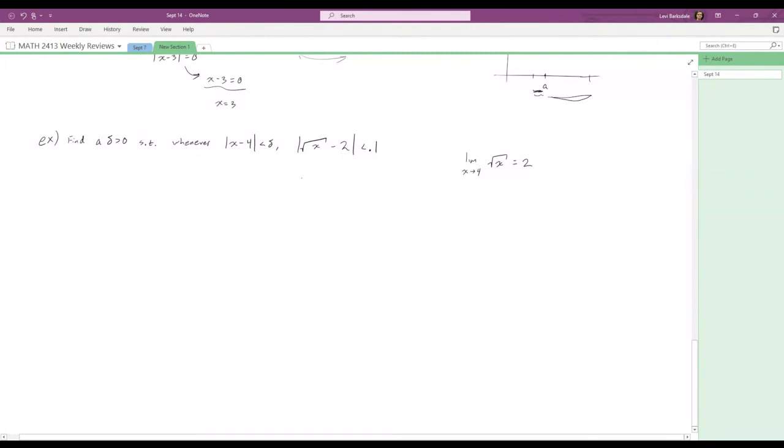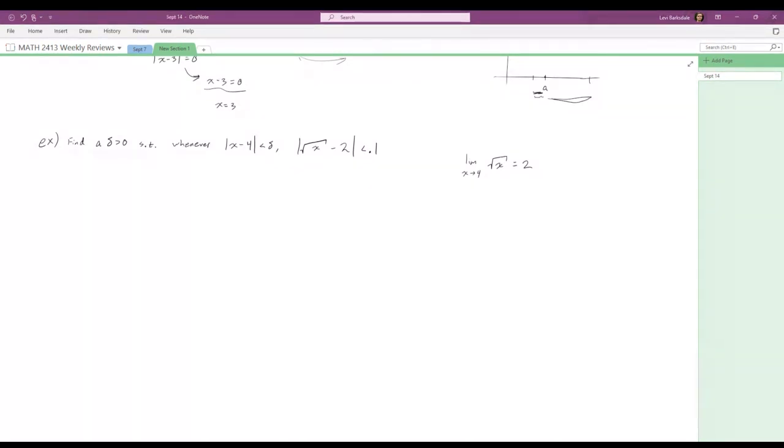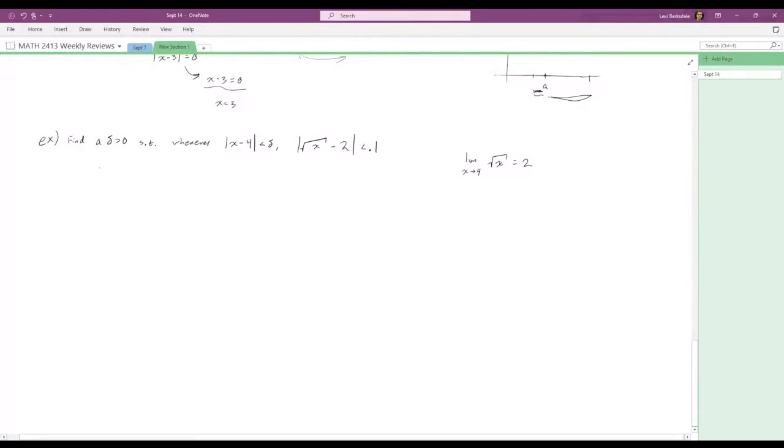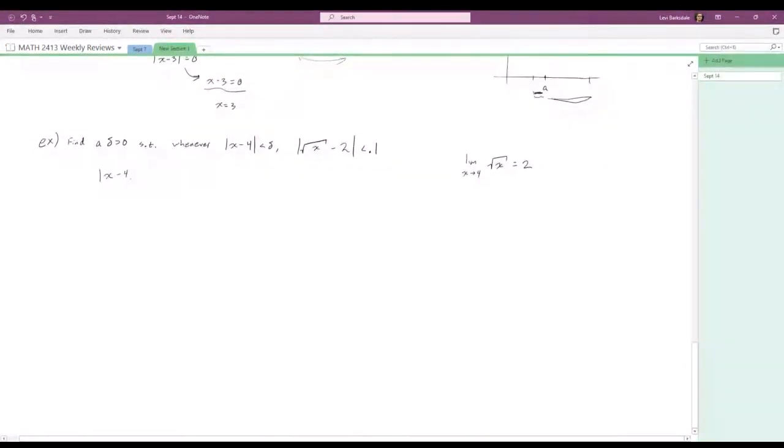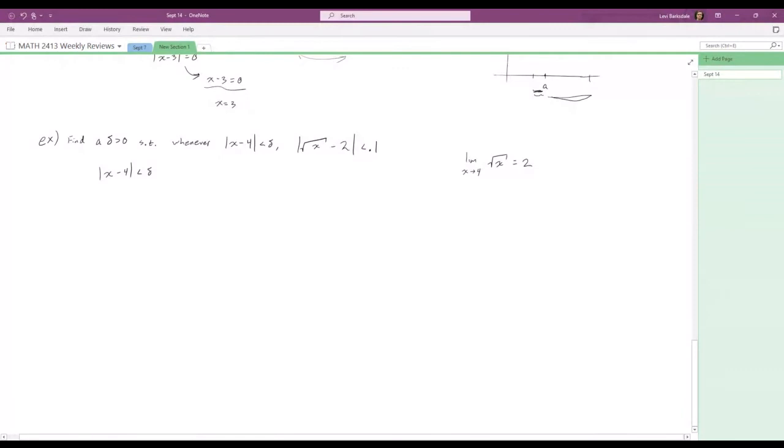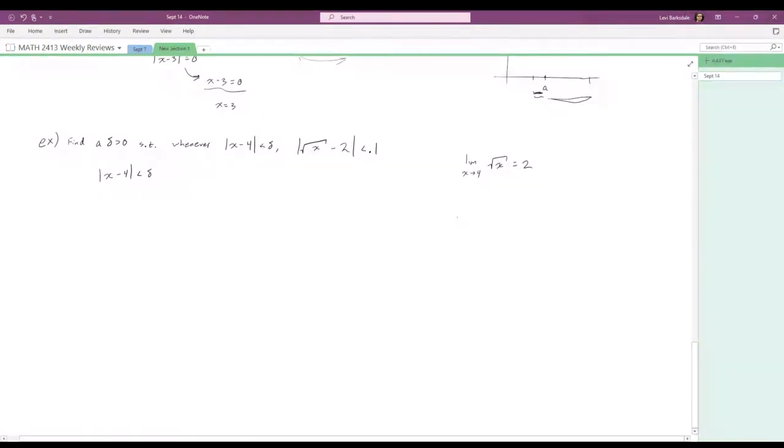Okay. So in this case, I'm actually going to start with my absolute value of x minus 4 is smaller than delta equation. Why? Because I'm actually going to do a bit of sneaky difference of squares. So everyone remembers difference of squares.